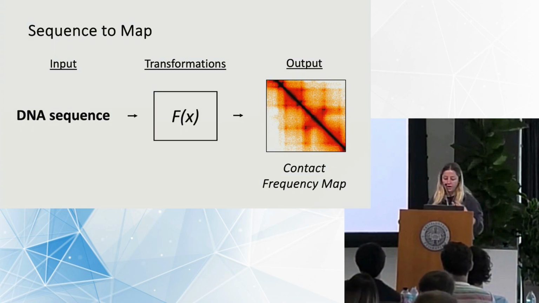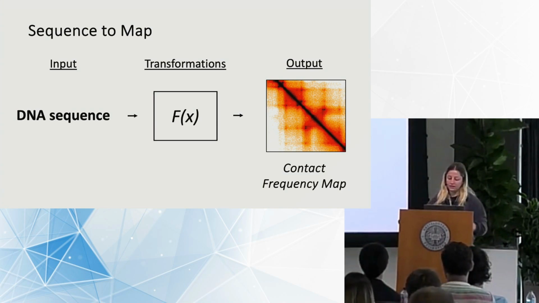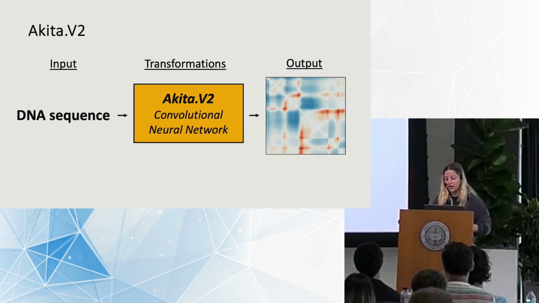There are multiple neural network models that paved the way for Akita, and there are multiple models that take DNA sequence and produce some kind of function or track, like ChIP-seq or RNA-seq. Mathematically, you would like to have a function that takes DNA sequence as input and outputs a contact frequency map. And this function is going to be our model.